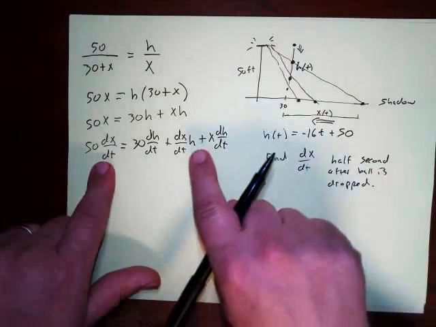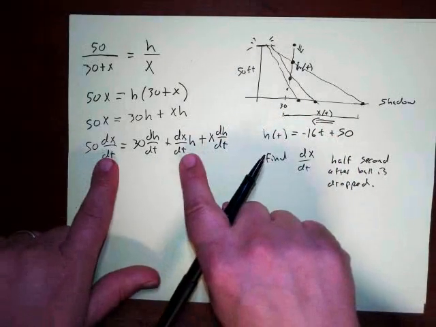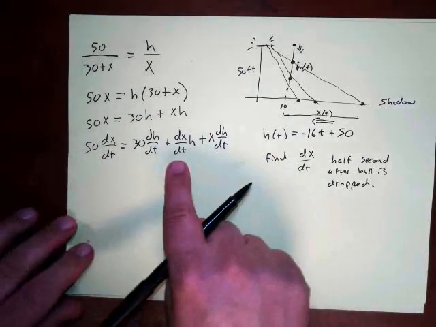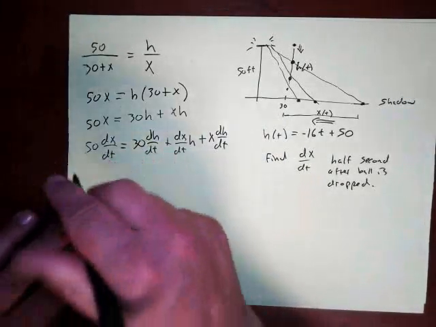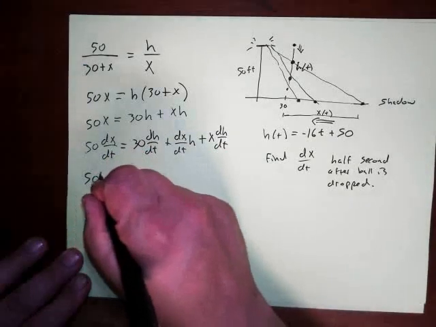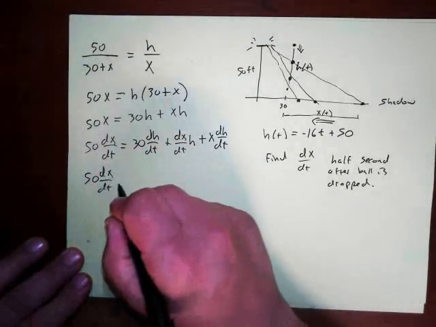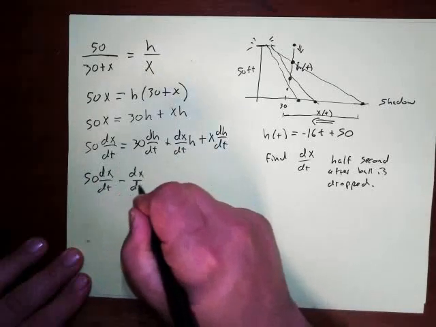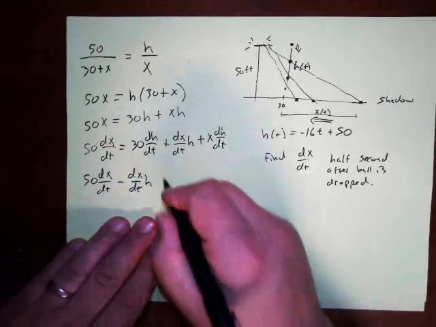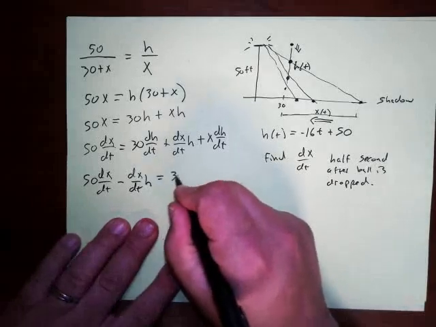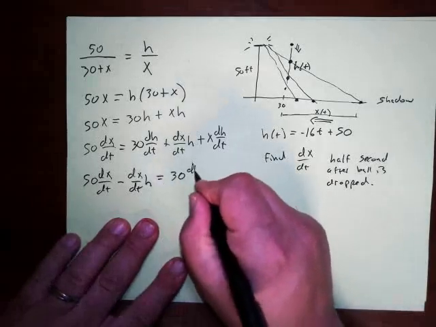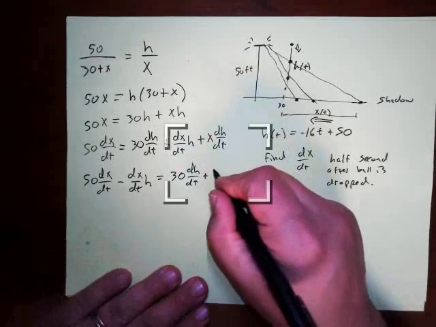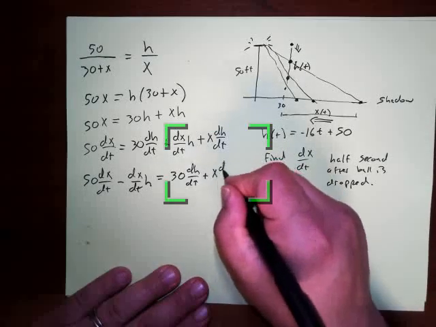What I want is dx/dt on one side and everything else on the other side. So I'm going to move that dx/dt over here: 50 dx/dt, and moving that over I get minus dx/dt times h, and this is equal to 30 dh/dt plus x dh/dt.